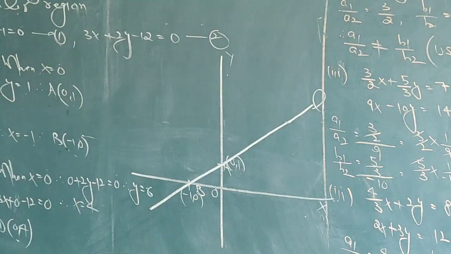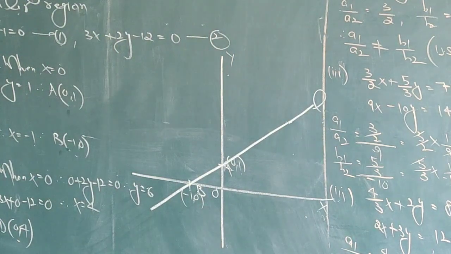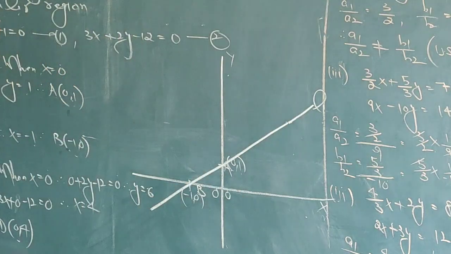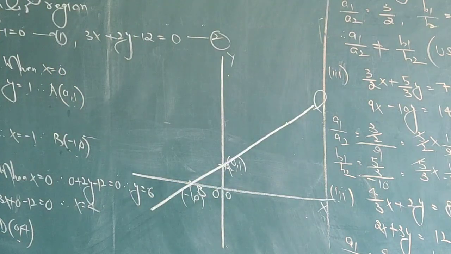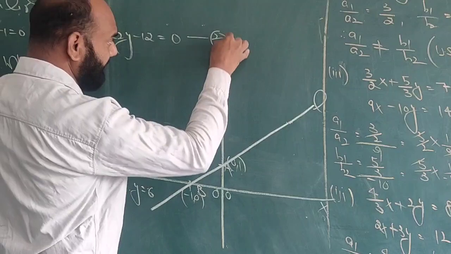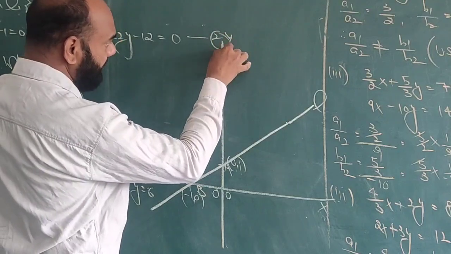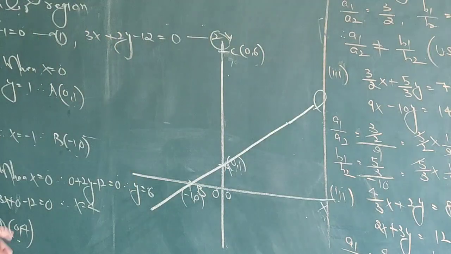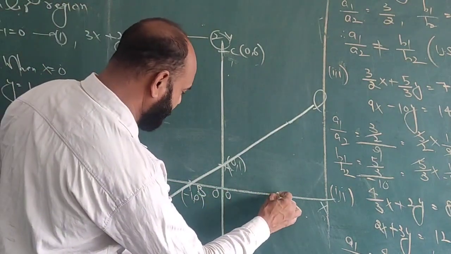Now in line second, the first point is 0, 6, and point 0, 6 is lying on the y-axis because here x is 0, and we know on the y-axis x is always 0. This point is 0, 6, C point. And the third point is 4, 0, x 4 and y 0, and this point is here.